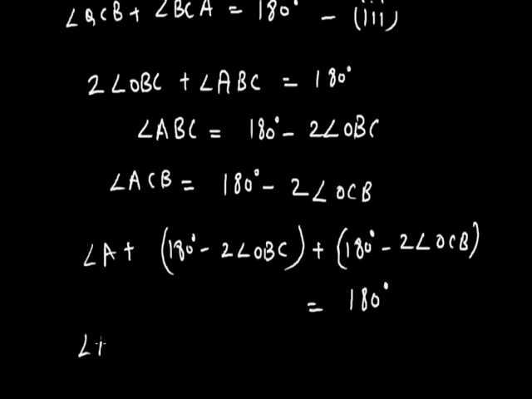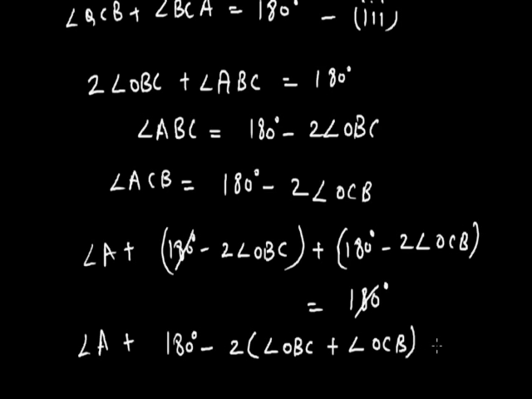From here we can see that angle A plus 180 get cancelled on both sides. Angle A plus 180 degrees minus twice of angle OBC plus angle OCB is equal to 0.